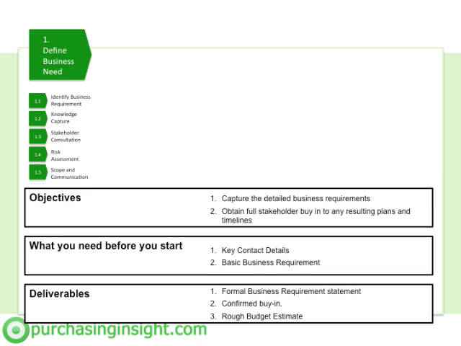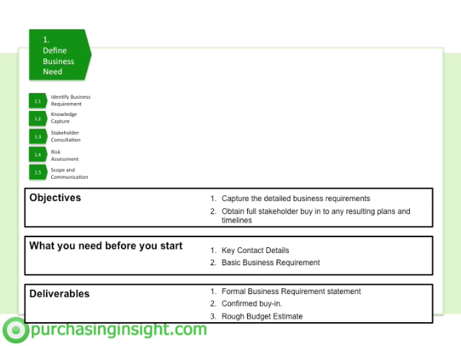Let's have a look at the process itself. The process is divided into 5 stages. Stage 1. Define the business need. The objectives of this stage are to capture the detailed business requirements, and secondly, to obtain full stakeholder buy-in to the project.